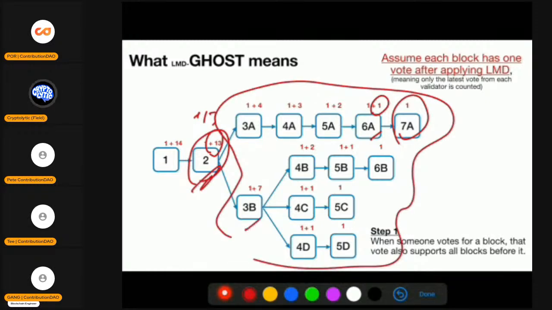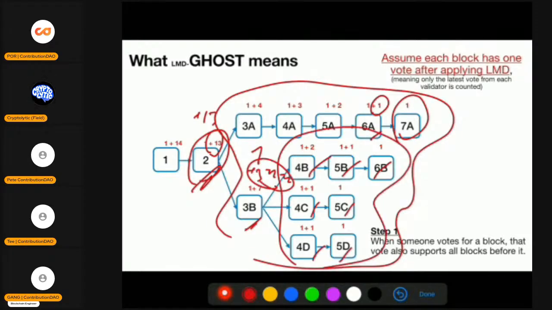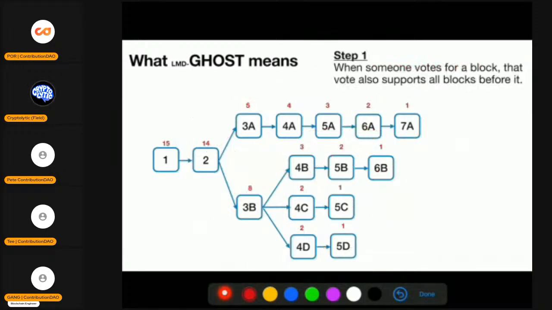For 3B, you have 1, 2, 3, plus 3 here, 1, 2 plus 2, 1, 2 plus 2, so you have 7 blocks built on top of this 3B. You would get something like this.